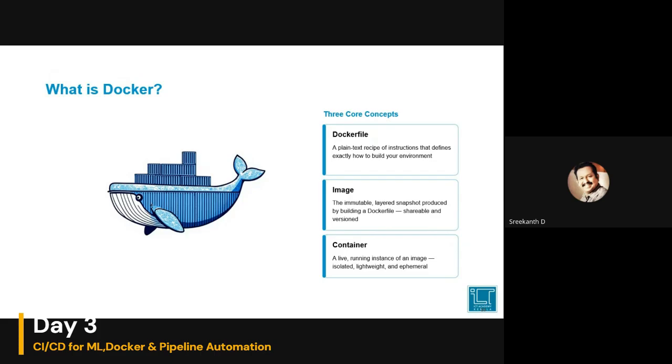A Dockerfile will be helpful for us to define, right? This is one of the methods. Images are built and a container is a running instance, a live running instance of an image. A custom number of containers can be clubbed into a particular file, so that will be sufficient for us to make it available to the next stage, right?